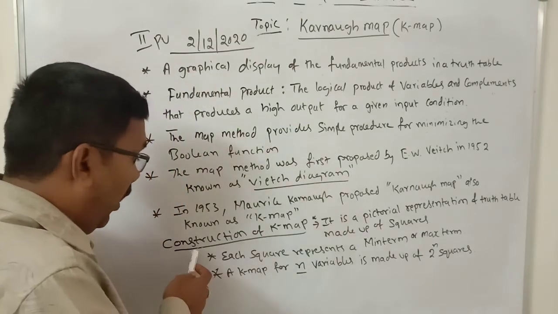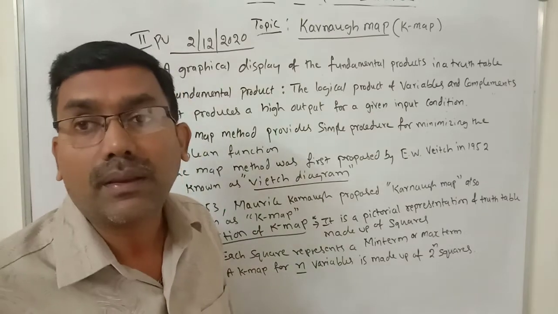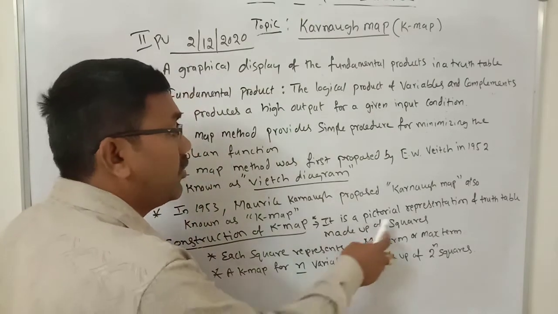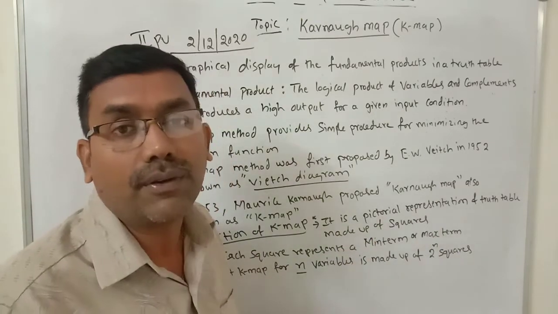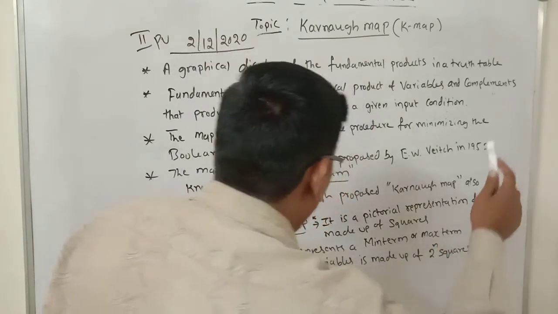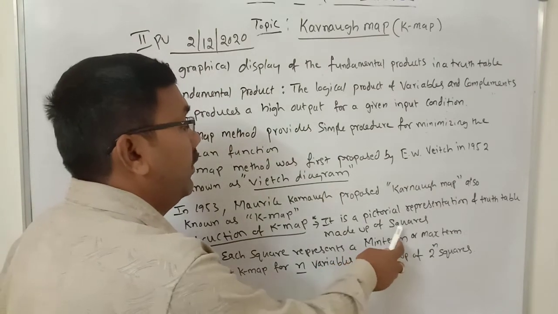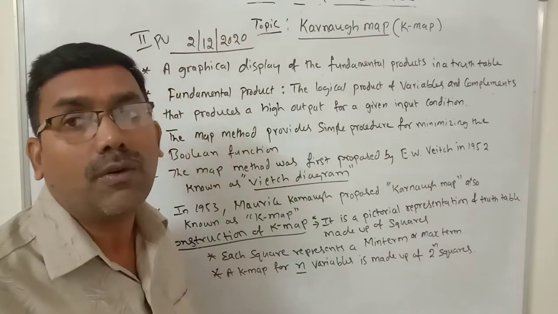How can you construct a K map? Construction of K map. It is a pictorial representation. Graphical representation ಒಂದೇ, pictorial representation ಒಂದೇ, of truth table. ಮೇಡ್ ಅಪ್ ಆಫ್ ಸ್ಕ್ವೇರ್ಸ್ ಅಲ್ಲಿ ಬರೀತೀವಿ, ಬಾಕ್ಸಸ್ ಅಲ್ಲಿ.